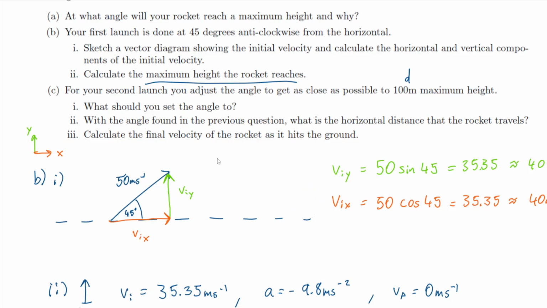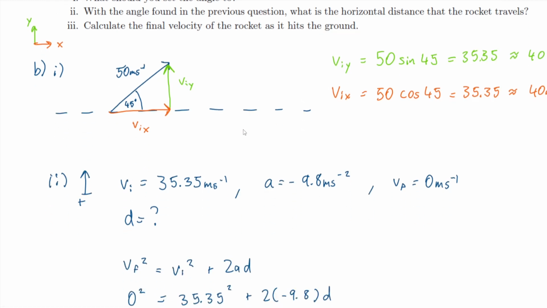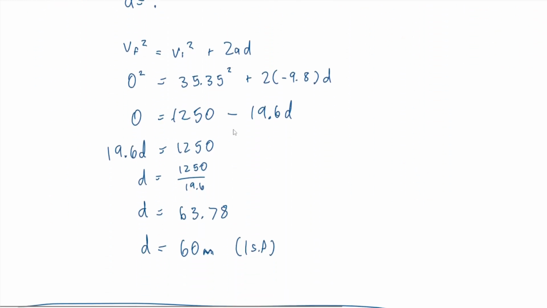But let's work it out the proper way. Well, I guess work it out the more confusing way, but the way that works in other scenarios as well. So once more, for this question, you could reason about it that it's symmetrical, so it's 50 meters per second at an angle of 135 degrees counterclockwise from the horizontal. But let's do the calculation heavy but more reliable way.